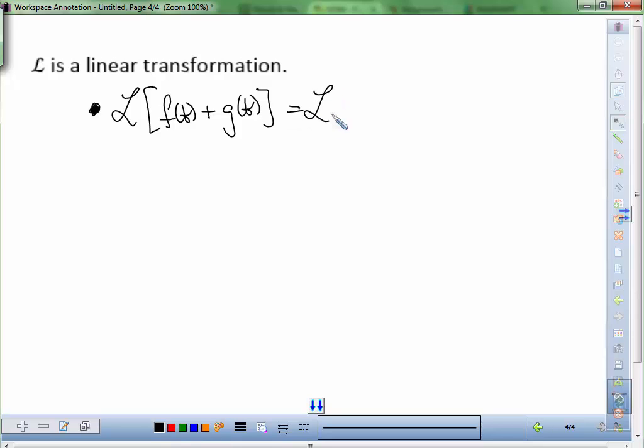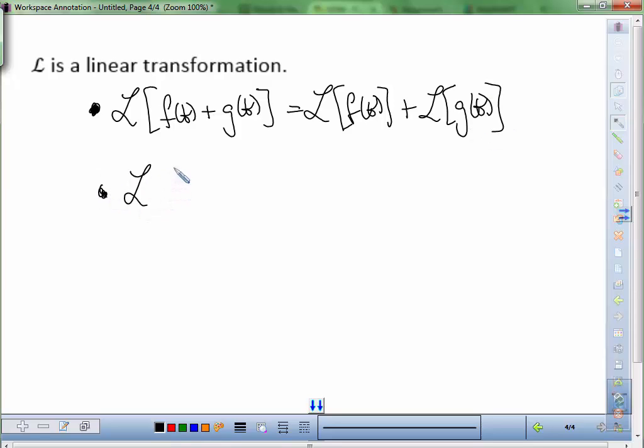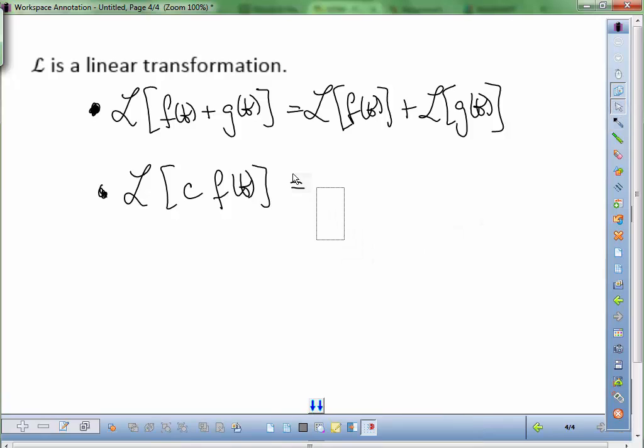Nice. Okay. And then the other thing is that if you do it to a constant times t, then the same thing as if you multiply the constant times the transform. Perfect. Exactly. So maybe I'll make a little bit of room here because I want to add a couple of things.